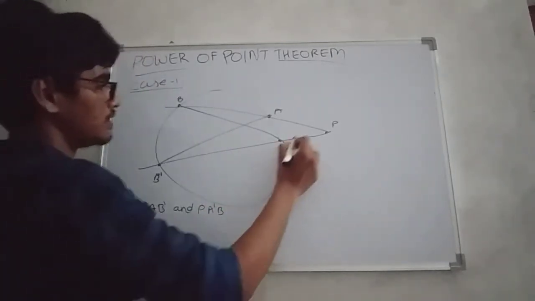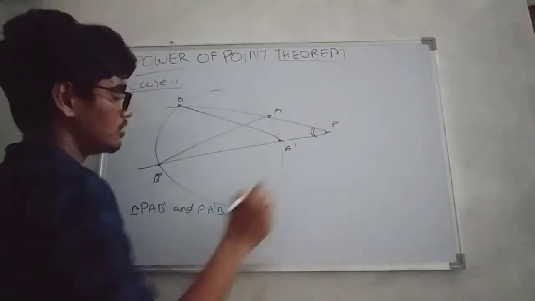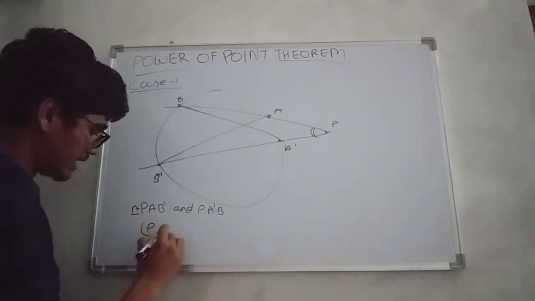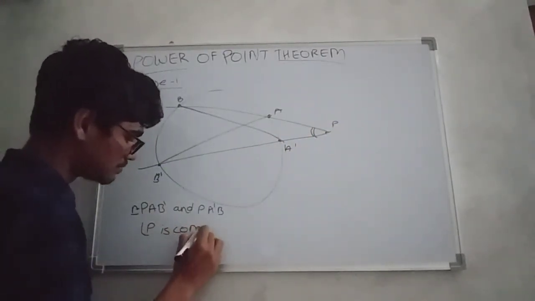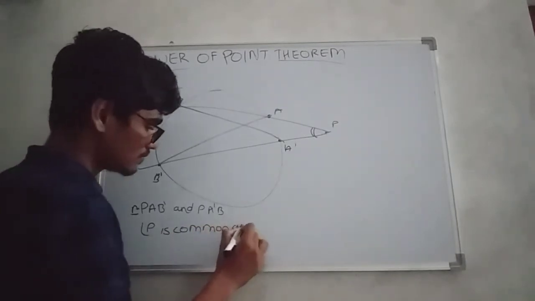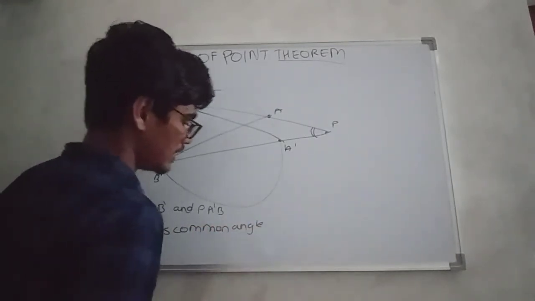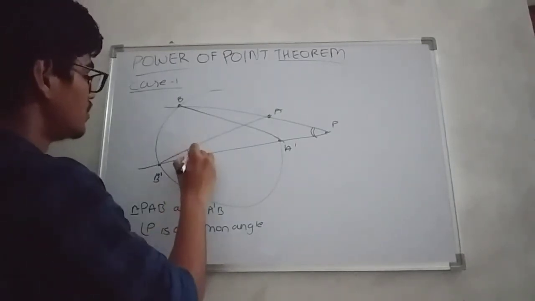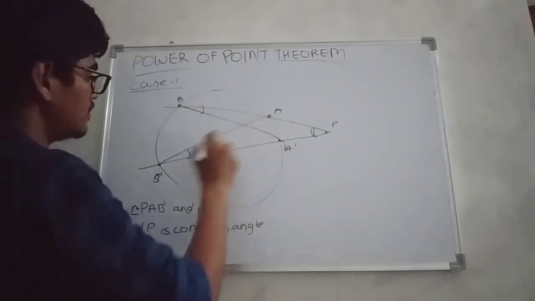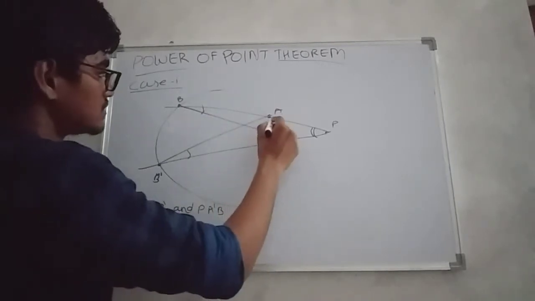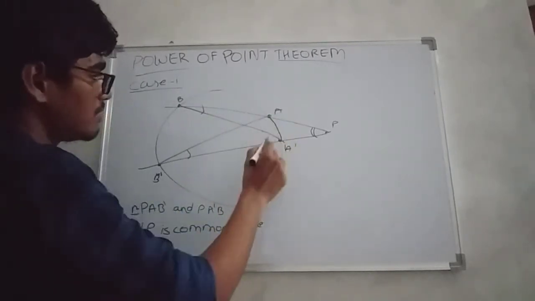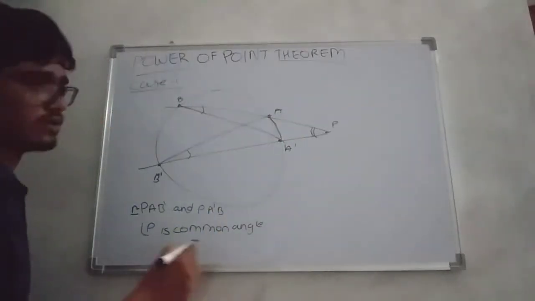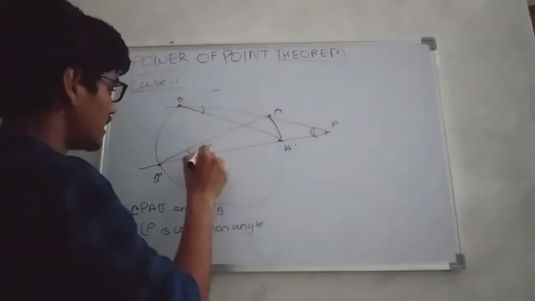Angle P is common in both triangles. As said in the note, if these two angles subtend the same arc A dash, these two angles are equal.